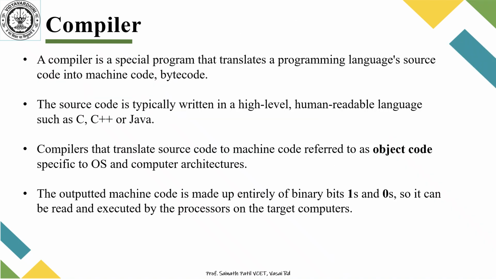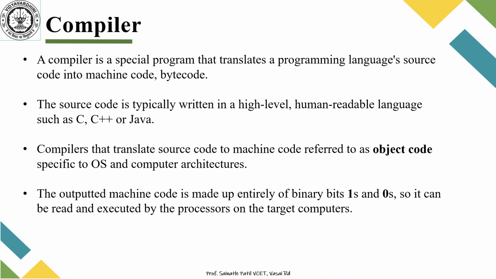Now let's look at what is a compiler. A compiler is a special program that translates or converts programming language source code written by a computer programmer into machine code or byte code. Source code is typically written in a high level language, that is a human readable language such as C, C++, Java or Python.